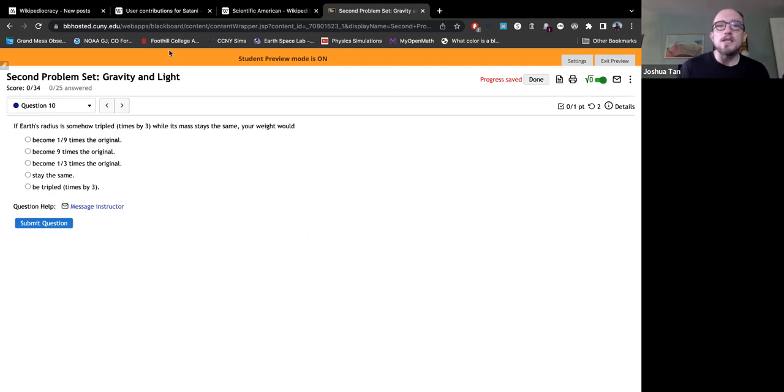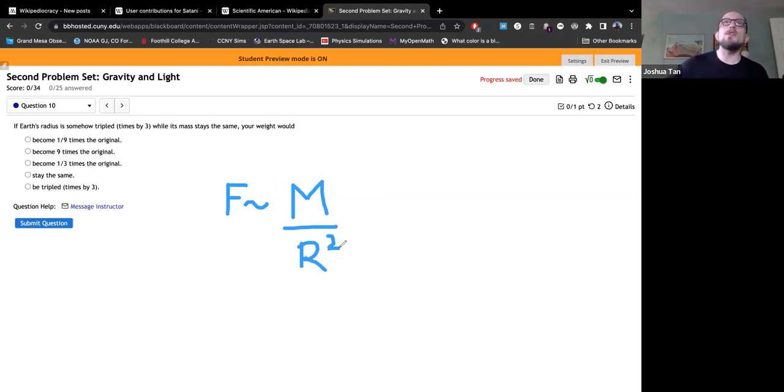But the easiest way to consider the force is to say that it's proportional to, and I'm going to use this symbol for proportional to. In other words, as I do something to one side, the same thing happens to the other. It's proportional to the mass of an object divided by the distance to the object, multiplied by that distance, squared, almost like it's an area we were doing before.